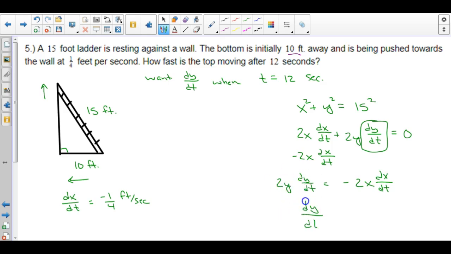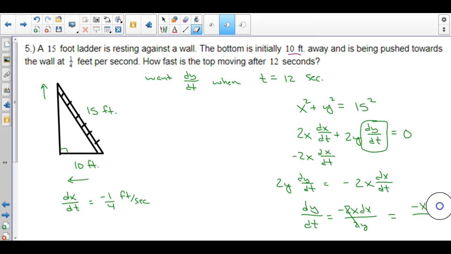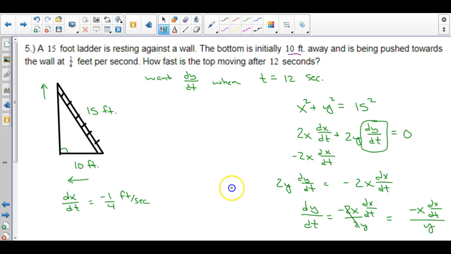So we're going to have negative 2x dx/dt over 2y. My 2's will drop, so we're going to have negative x dx, I dropped a dt somewhere in there, my bad. So we're going to end up with negative x dx/dt over y. This is the equation that we're going to end up substituting some stuff into.